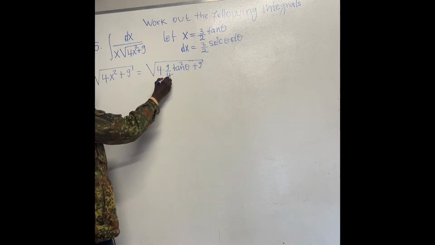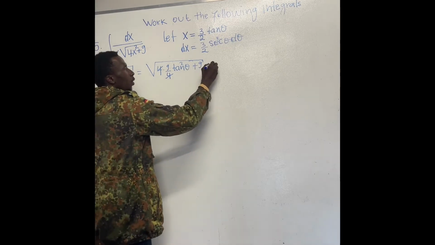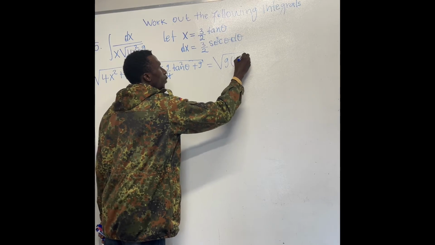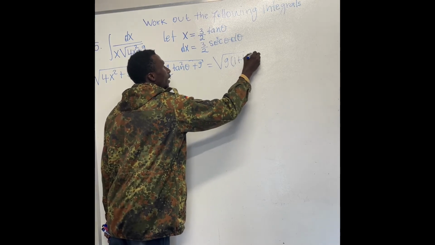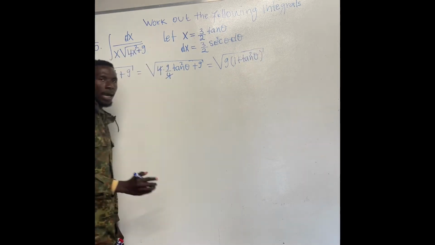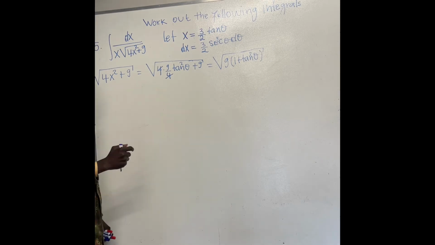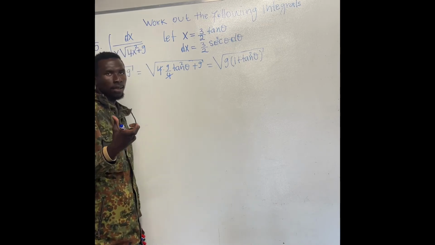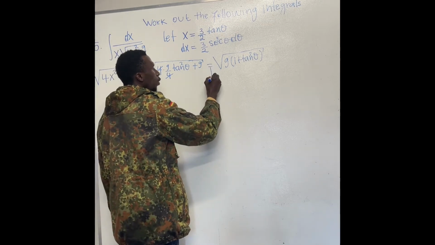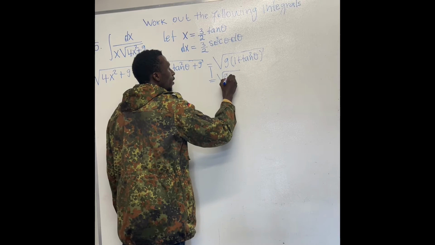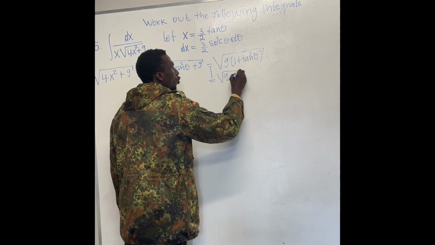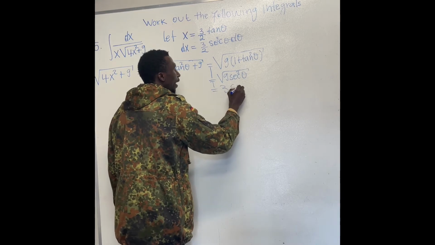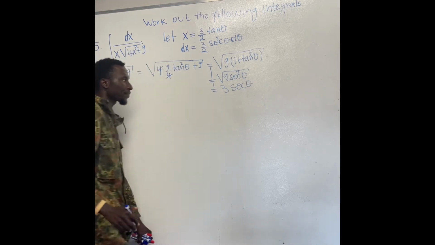Can we cancel this 4 and that 4? So factorize 9 again, and we have 9 times 1 plus tan squared theta. Guys, we said last time that 1 plus tan squared theta is sec squared theta. So we have the root of 9 sec squared theta, which simplifies to 3 sec theta.